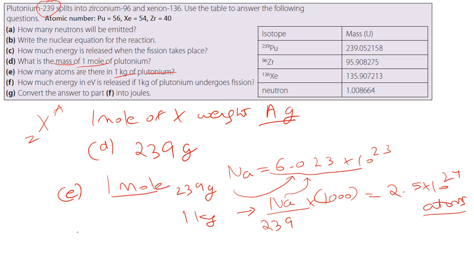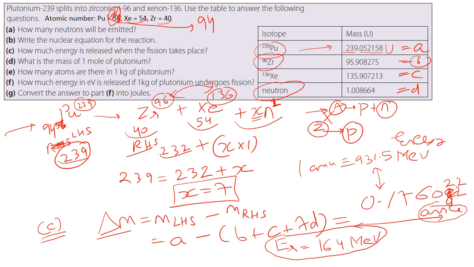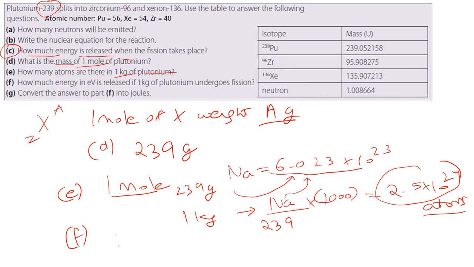Now part F is easy, since you have found the total number of atoms, and in part C we found the energy released when 1 plutonium atom splits. What was that value? That value was 164 mega electron volts, the energy released when 1 plutonium atom splits.